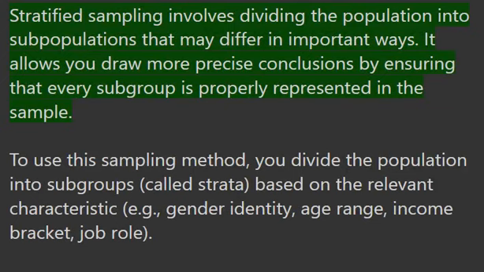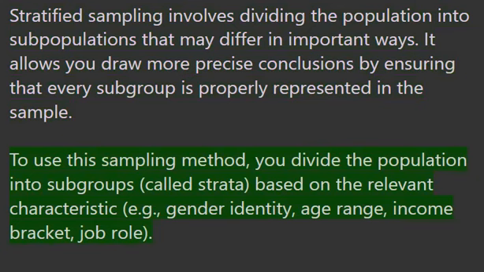3. Stratified sampling. Stratified sampling involves dividing the population into subpopulations that may differ in important ways. It allows you to draw more precise conclusions by ensuring that every subgroup is properly represented in the sample.